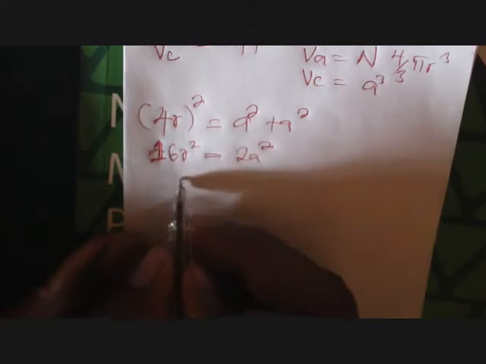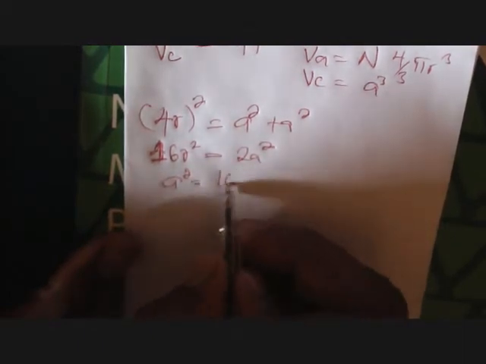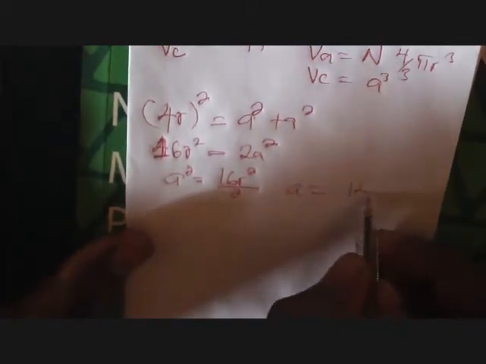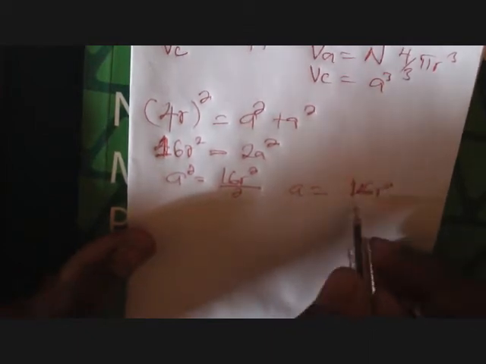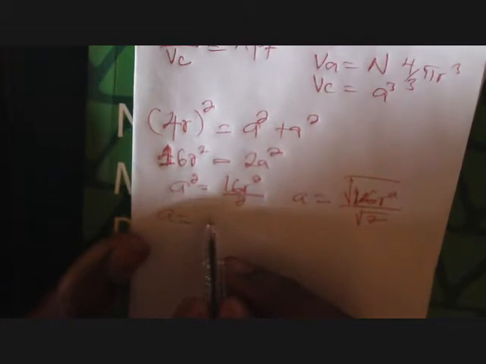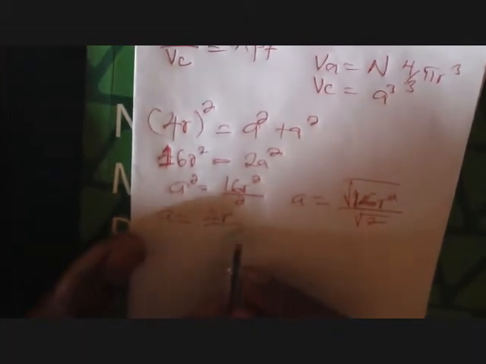We can now say a square is equal to 16R square all over 2, and a is equal to the square root of 16R square all over 2, and a is equal to 4R all over root 2. Okay, so this is the relationship between a and R, and from here our N is 4.